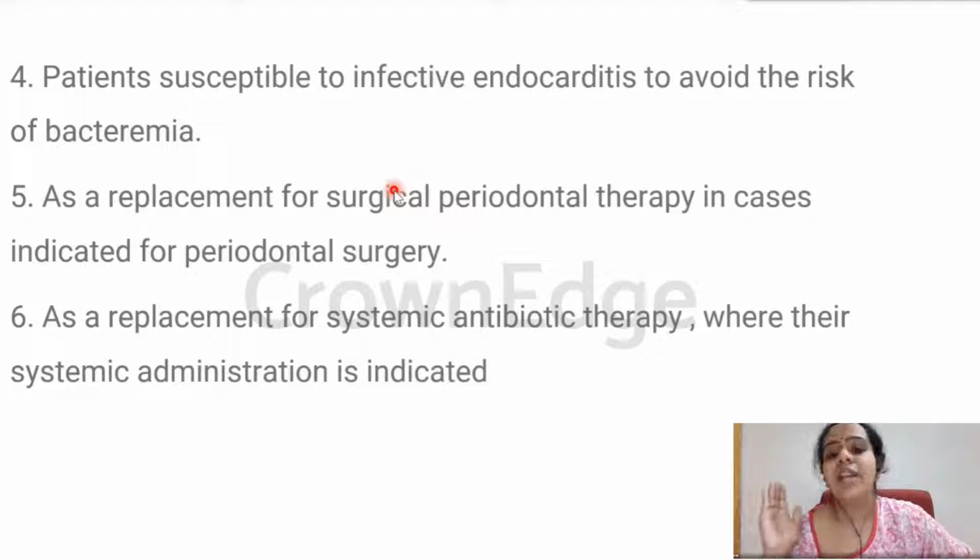The only prime difference between systemic antibiotic therapy and LDD is that I want a better concentration of the drug at the pocket. The second thing is there could be certain drugs that cannot be given systemically. For example, chlorhexidine is so popular as a mouth rinse, right? But we don't generally take chlorhexidine as a systemic agent, right?